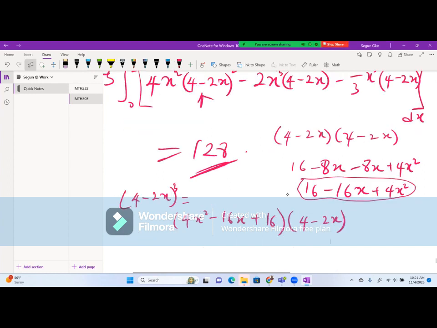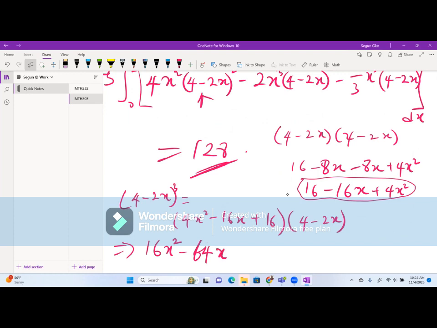You multiply this one by one, you have what? 16x squared, minus 16 times 4, 64, right? Yes.